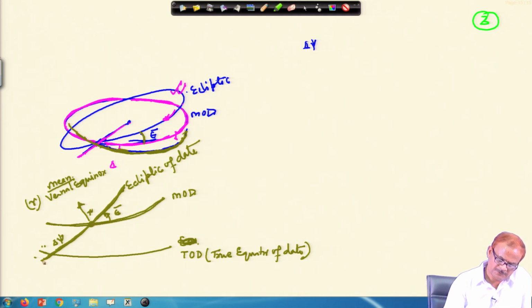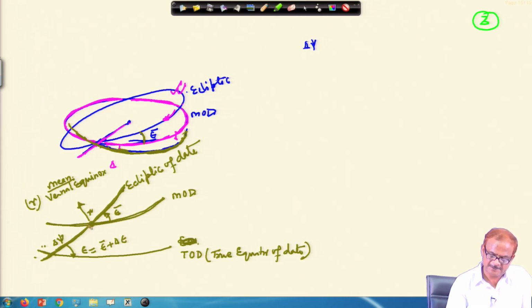Then we come to this place, and thereafter about this we give a deflection by epsilon. So, this angle is your epsilon. That means this epsilon is epsilon bar plus delta epsilon.